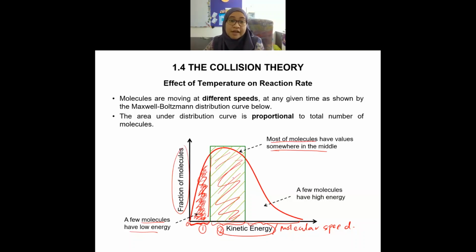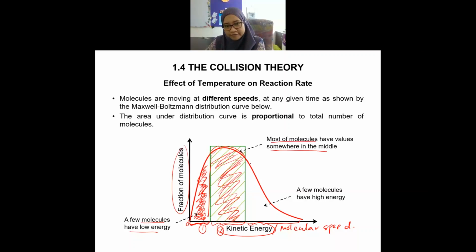This usually represents the average, because it has the most molecules. So normally the average would be somewhere in the middle, because it is the highest here, see? The area under the graph is the highest here.